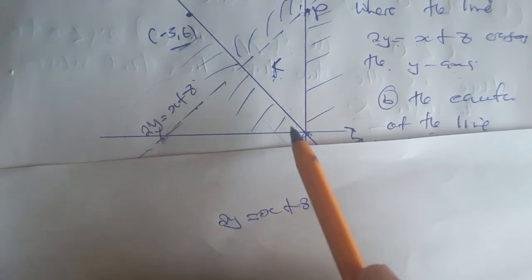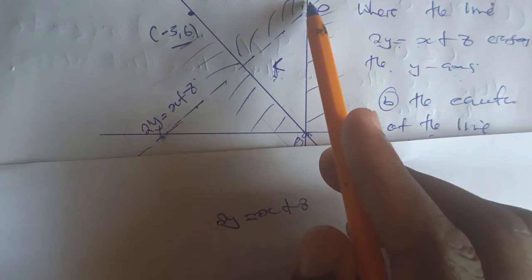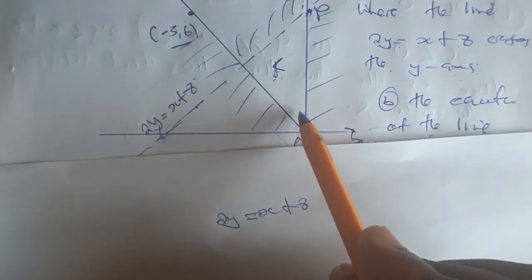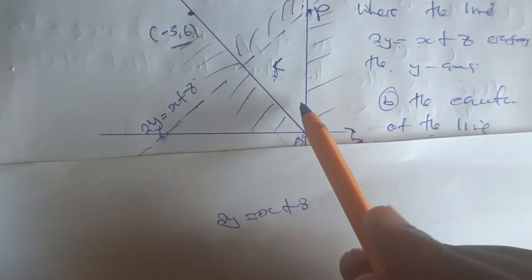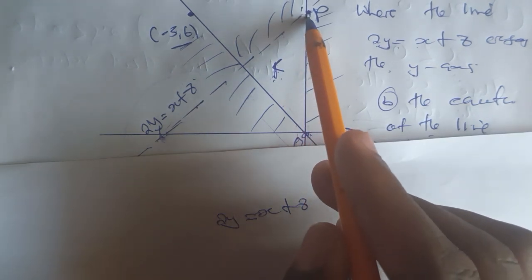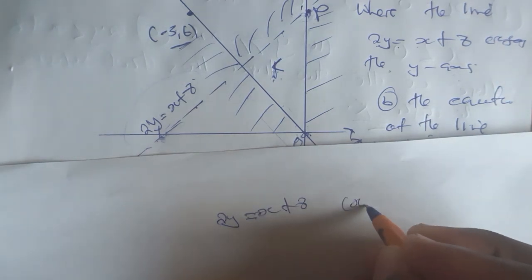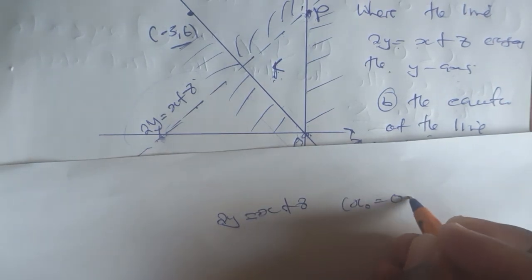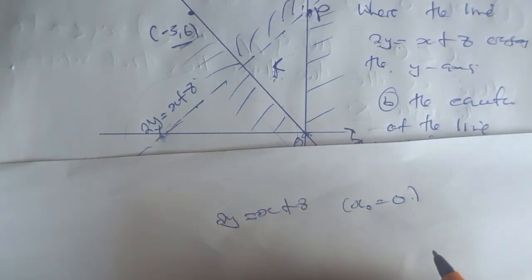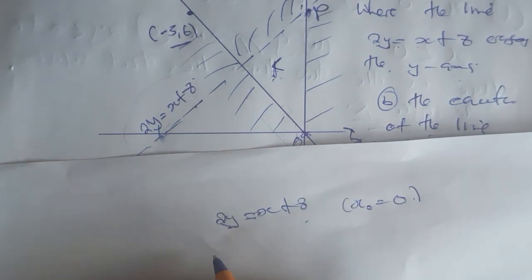So now we want to find where this equation crosses the y-axis. For this equation to cross the y-axis, that's what we call the y-intercept of the equation. So to find the y-intercept, x must be equal to 0. We just place 0 in the equation to find y.